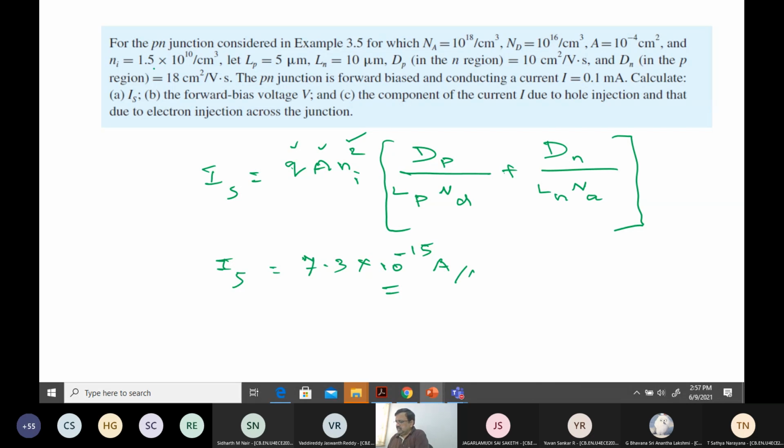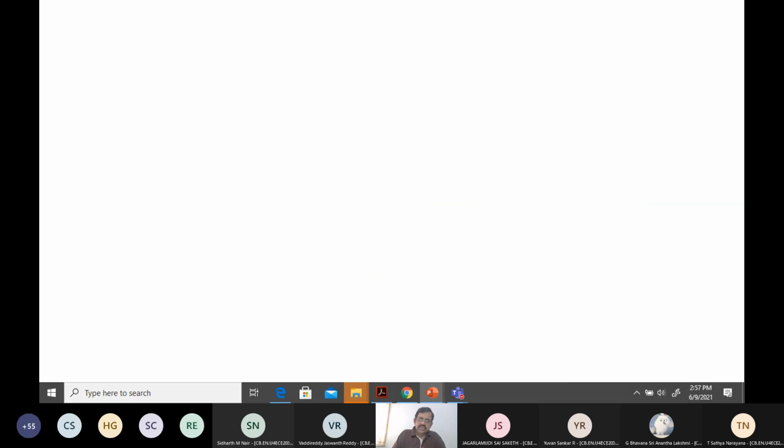Okay, so that is one thing. The second question asked is to calculate the forward bias voltage. The steady state current is 0.1 milliampere. We need to calculate the forward bias voltage. So how do I do this? We have the formula I equal to Is times exponential of V by Vt minus 1.